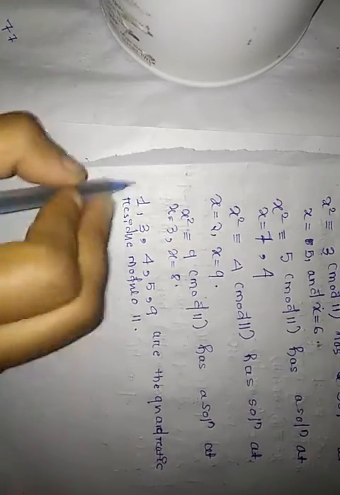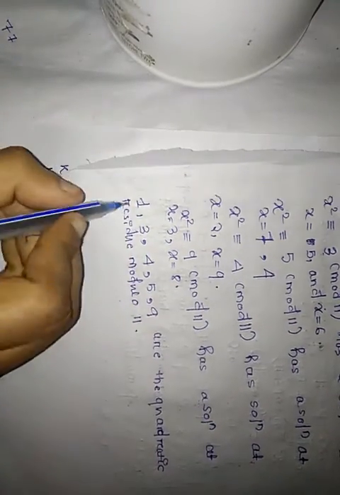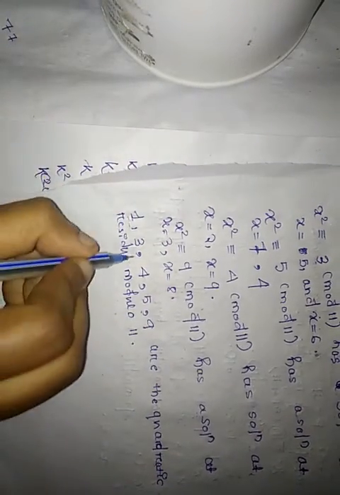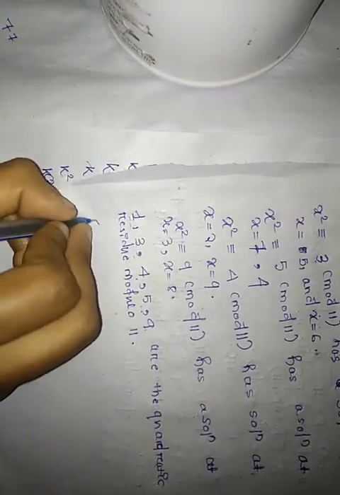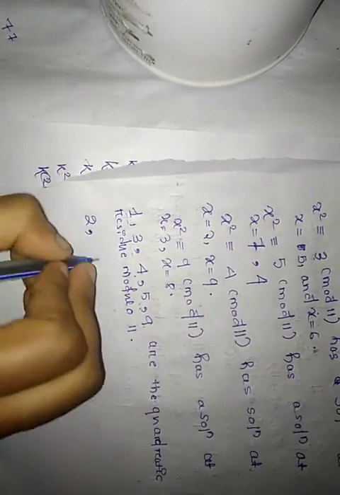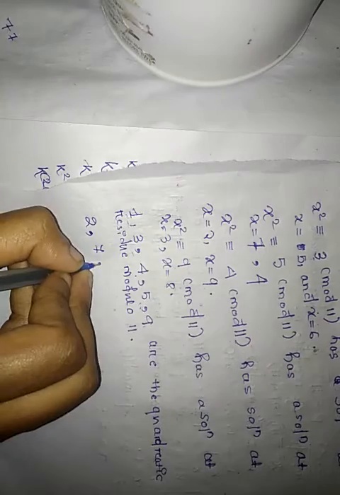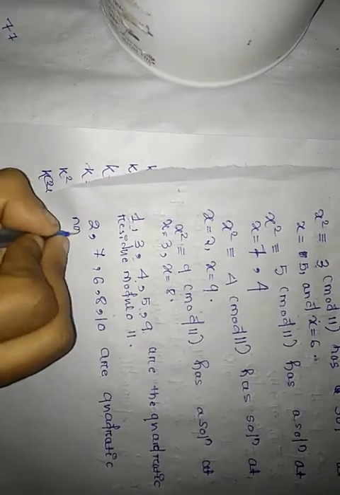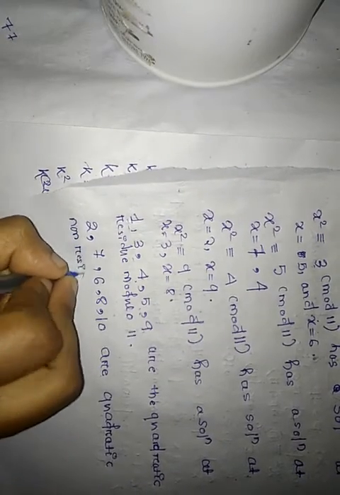So what are the quadratic non-residues modulo 11? The integers except 1, 3, 4, 5 and 9, that is 2, 6, 7, 8 and 10, are quadratic non-residues modulo 11.